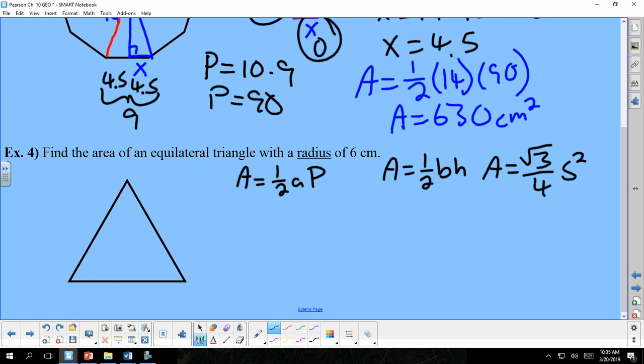So let's first label what we have and see if I can go through and solve it. So I have a radius of 6, and then there's my apothem, and there's half of a side.